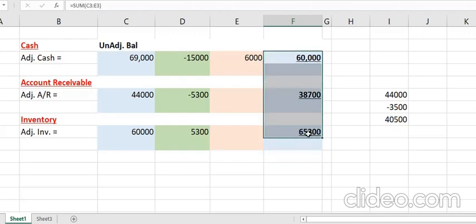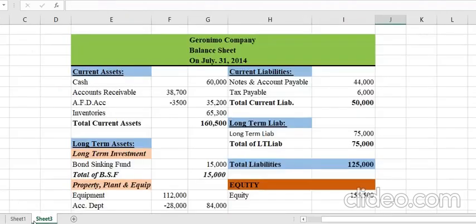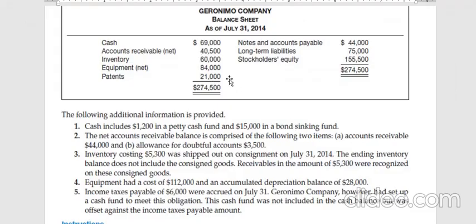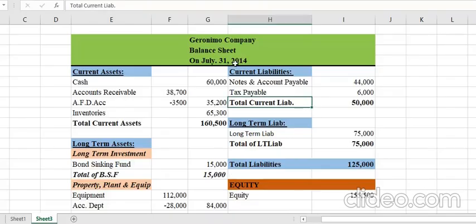These are the adjusted values. Then the adjusted values were shifted to the balance sheet along with other information which remained unchanged. So we shifted both types of information here, and we prepared a full-fledged balance sheet with a more legalized way of presenting it.